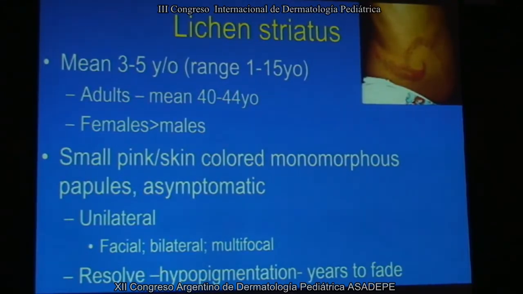In a study we did during my fellowship at Children's Hospital, a retrospective study suggested the hypopigmentation could last up to 4 or 5 years. Here's an example of facial lichen striatus. Again, you can see the white blaschkolinear line running along the jaw.